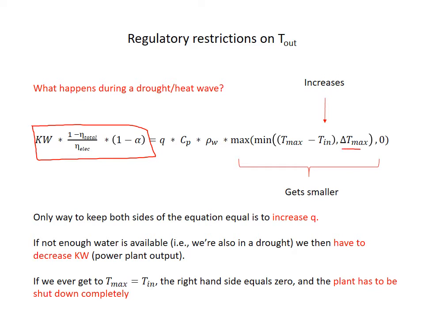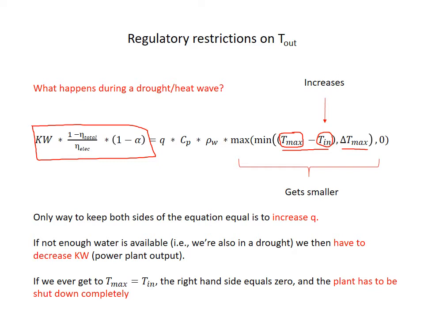You're concerned potentially about the difference between the input and the output temperature, but you're also concerned here about running into this upper limit, right? And so during a drought and a heat wave, the main thing that happens is that T in increases, right? The water temperature in the river or lake that you have your water intake straw in, so the water that's being sucked into the power plant, is hotter.